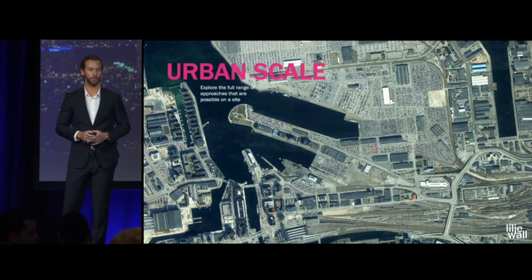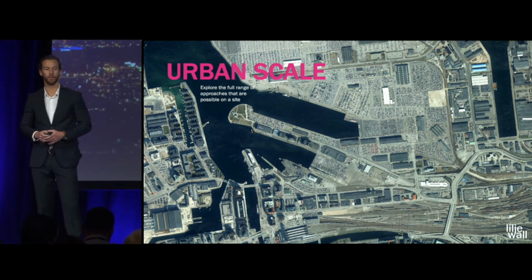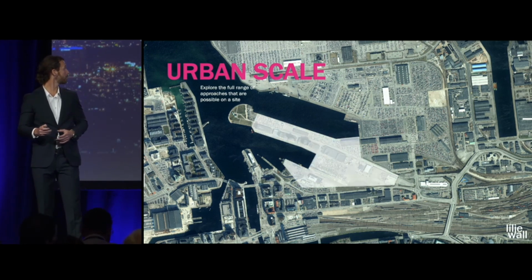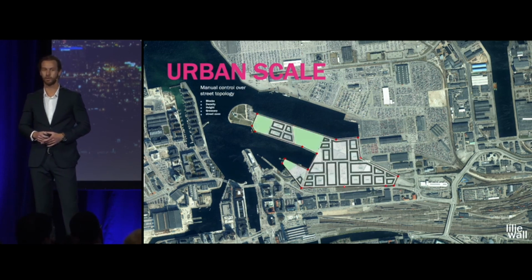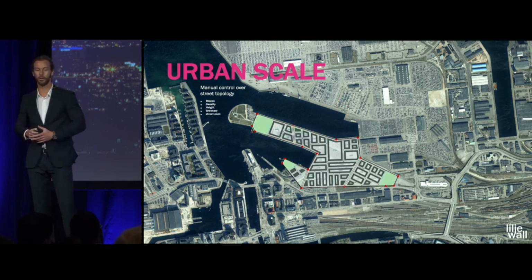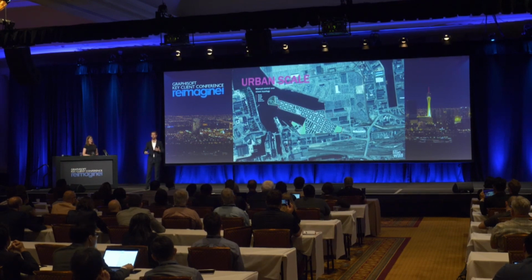The first thing we're going to look at is a methodology for an urban scale tool. This tool allows you to manually draw primary streets that are in the top hierarchy in urban planning. The idea behind this is that you're able to sketch and test out many different variations very quickly.